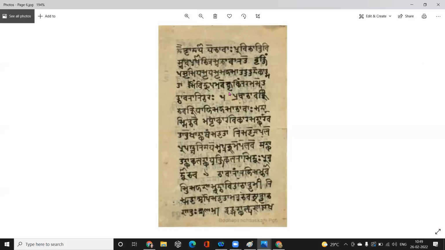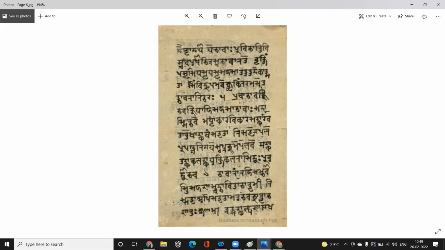See in the 4th line, if you see this letter where the pointer is, can you figure out that letter? Ka, and ya is there, and na possibly. This is ksha, the conjunct ksha, and ya.